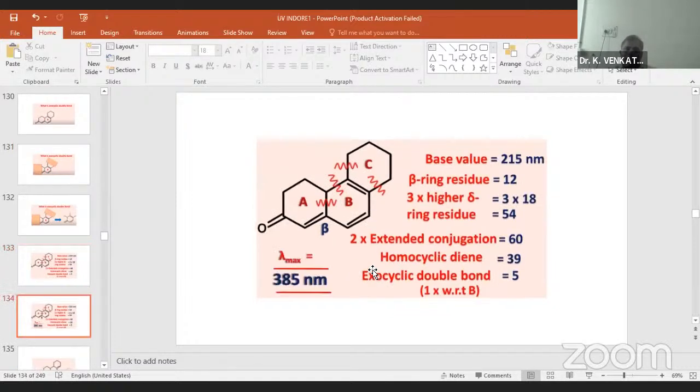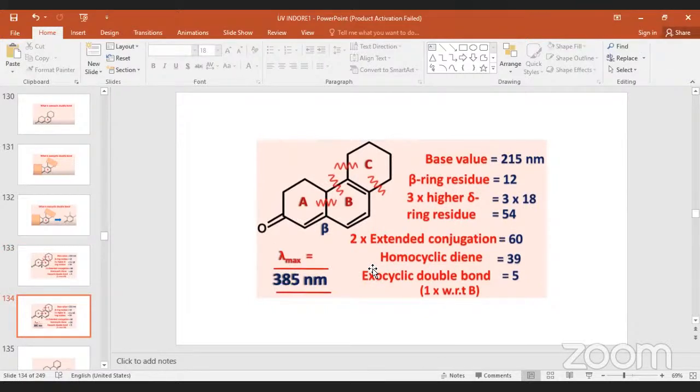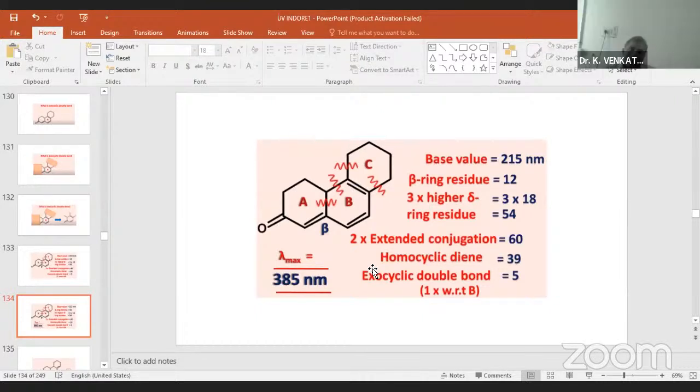Nearly 385 nanometers, madam. 390. 385. 12, ring residue 54, so 360, exocyclic. There are two exocyclic, one exocyclic with respect to ring C. Yes, ma'am. So it is 390.